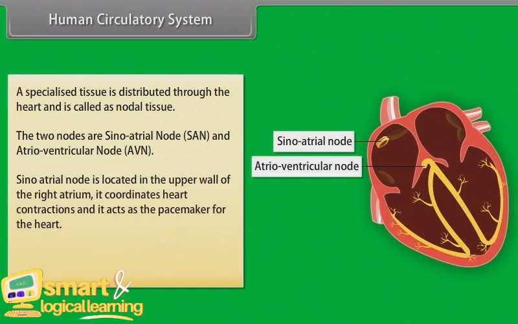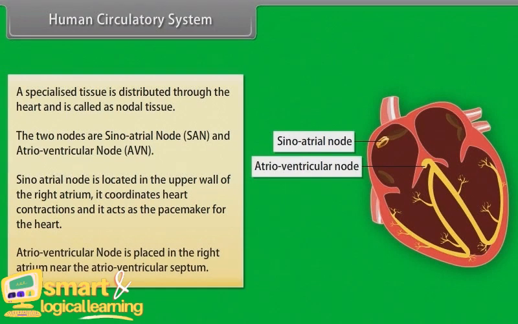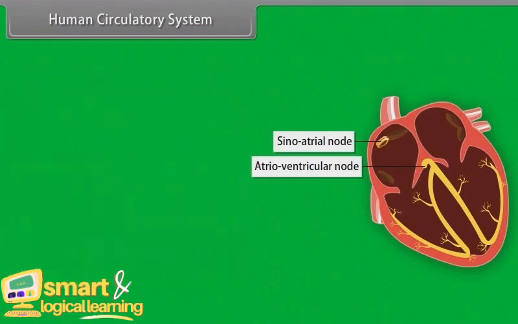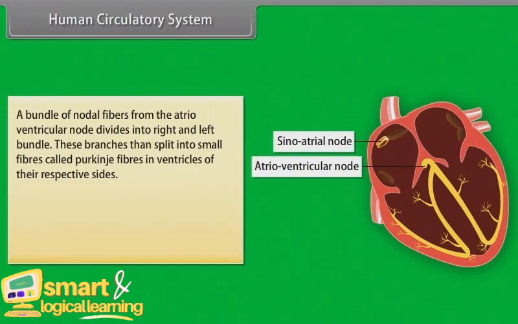Sinoatrial node is located in the upper wall of the right atrium. It coordinates heart contractions and it acts as the pacemaker for the heart. Atrioventricular node is present in the right atrium near the atrioventricular septum. A bundle of nodal fibers from the atrioventricular node divides into right and left bundle.